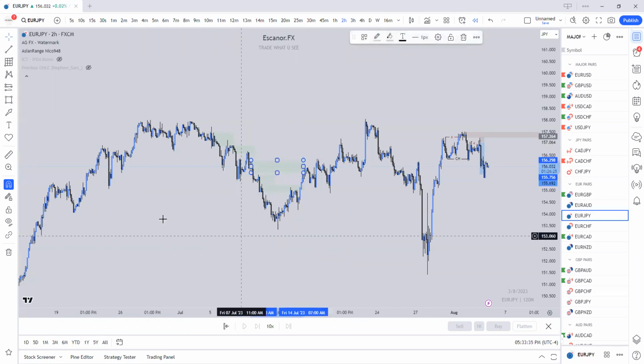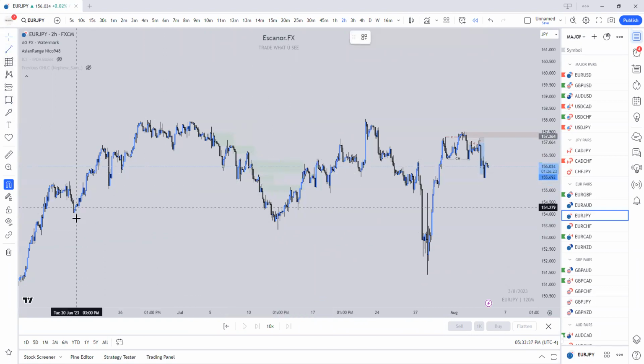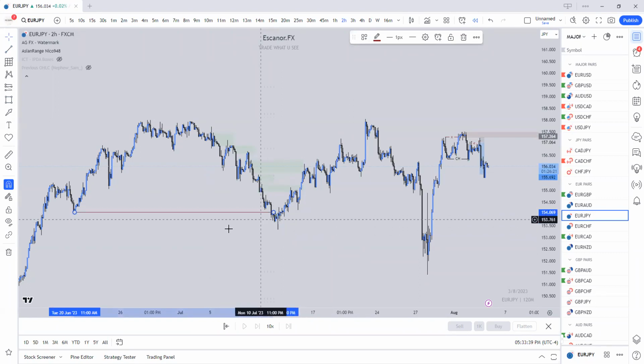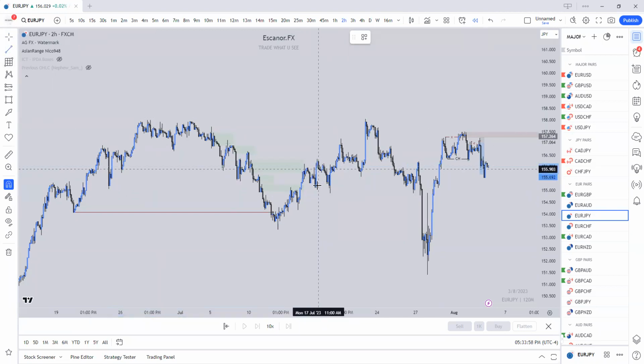Why? Because at this point we took the liquidity below this low. So all those order blocks are a point of liquidity now. Then the market will give you a reaction and push to the upside to take them out, give you a reaction and then push to take your stop loss. Give you some reaction and push again. So we have another sweep of liquidity below this low here.